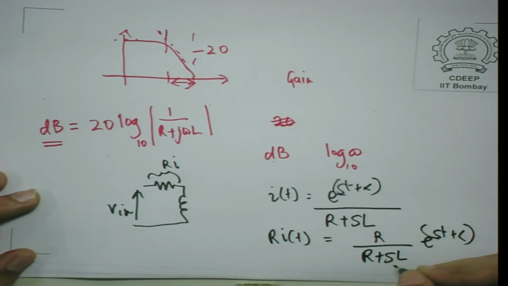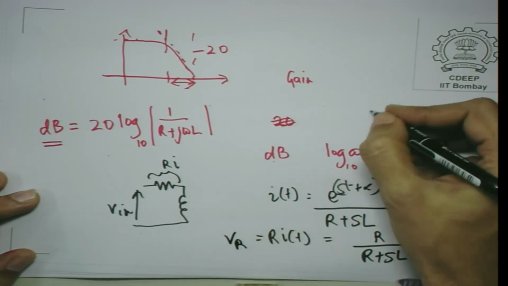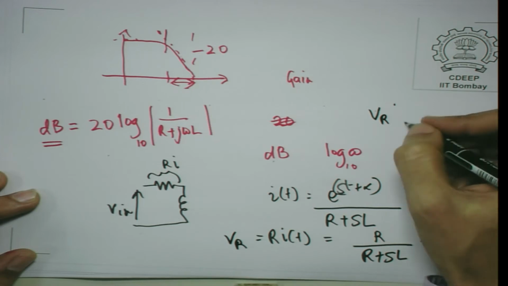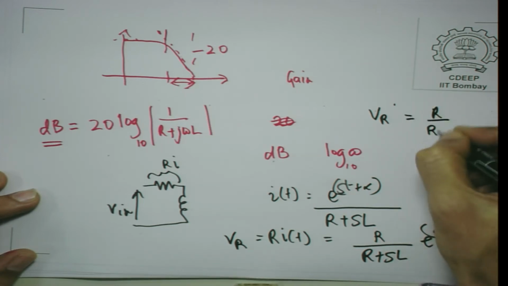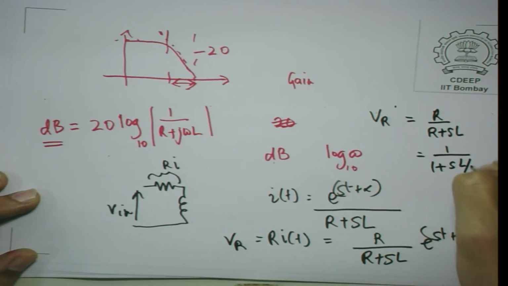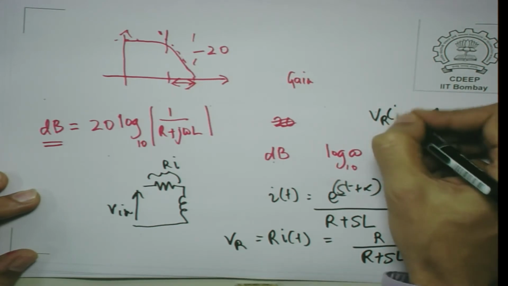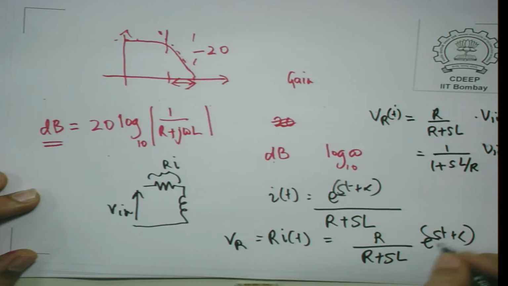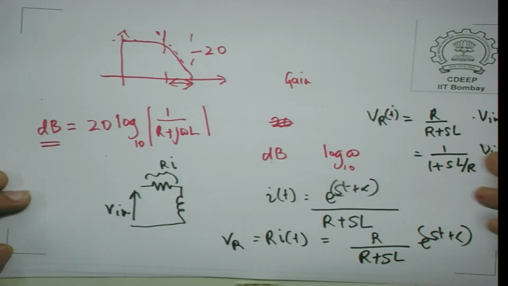So, the so called transfer function VR is equal to R upon R plus SL, or in other words 1 upon 1 plus SL by R. Of course, this is into the input voltage, assuming that the wave shape is e raised to st plus alpha.